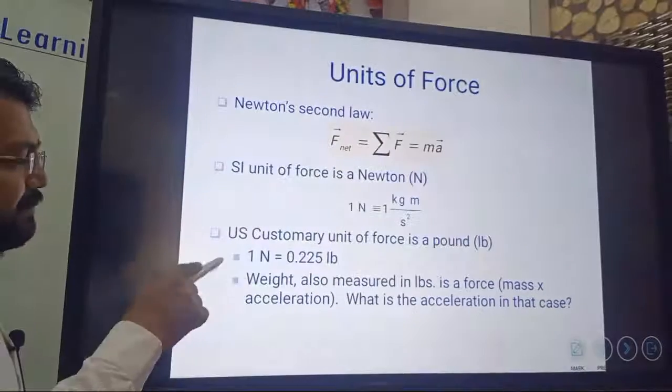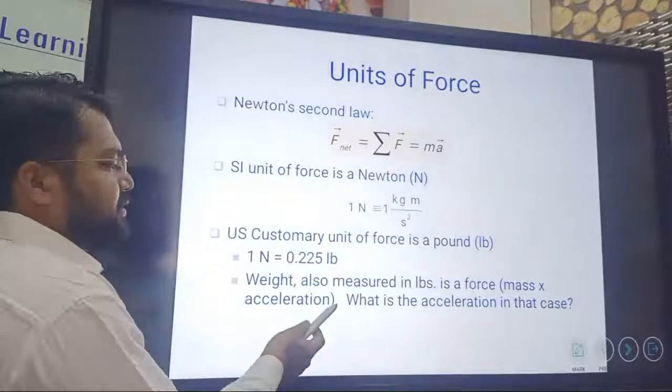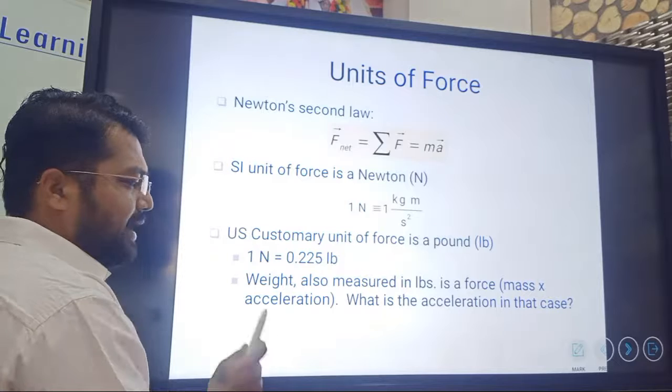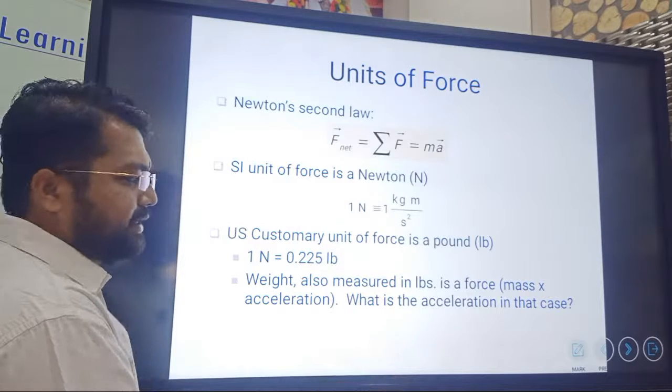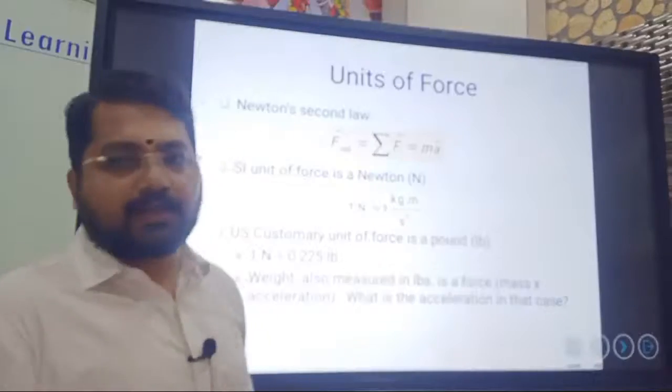So this lb is nothing but pound. Weight, also measured in lbs, is a force, mass into acceleration. What is the acceleration in that case? So acceleration will be force upon mass.